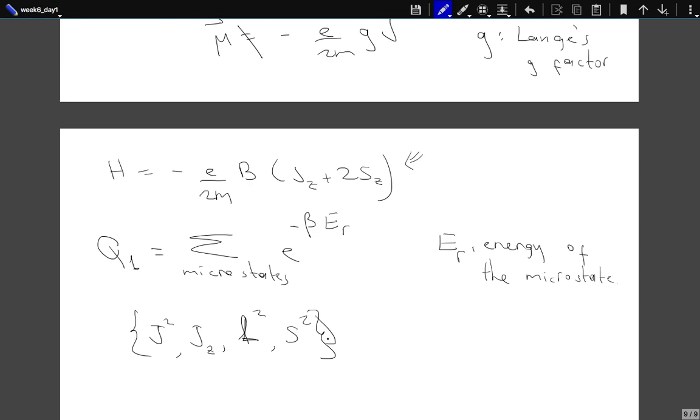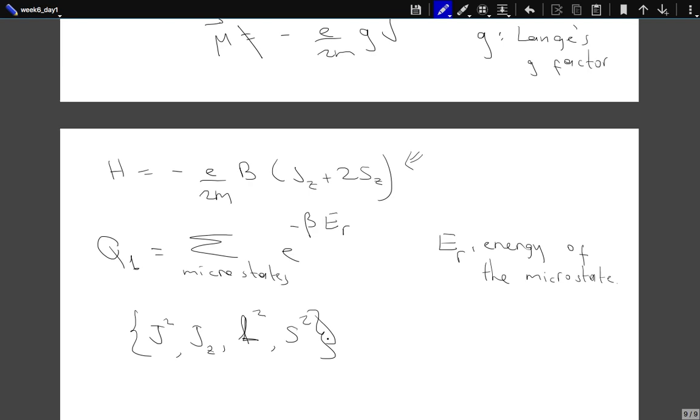Yeah, the same eigenstates will still be the eigenstates, because Jz commutes with Sz, J squared commutes with Sz, right? No. J squared does not commute with Sz. So the eigenstates are not really eigenstates of this additional Hamiltonian when we put it in the magnetic field.